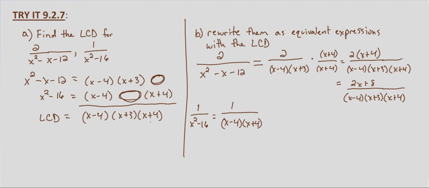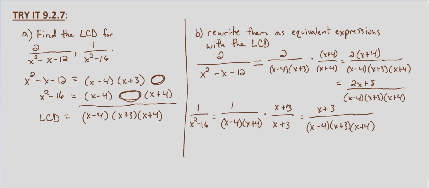If we look at our LCD, it's missing the x plus 3. So we multiply both the numerator and denominator by x plus 3. So x plus 3 over x plus 3, which equals x plus 3 over our LCD, x minus 4 times x plus 3 times x plus 4.